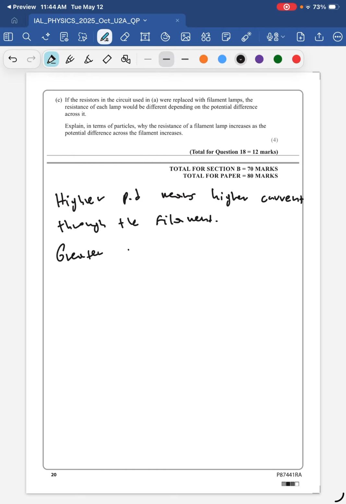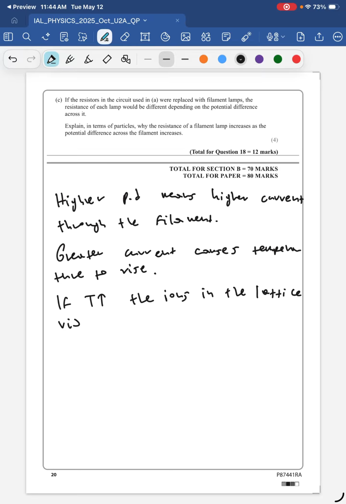Greater current causes temperature to rise. If temperature increases, the ions in the lattice vibrate more vigorously.